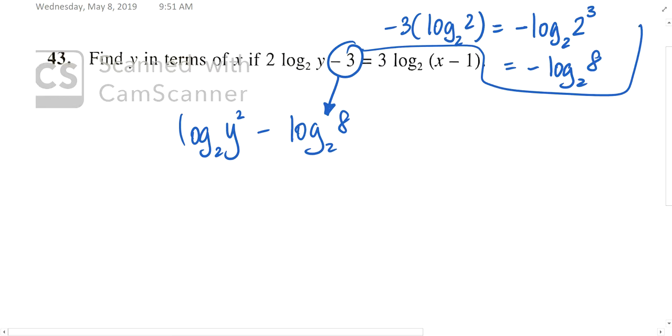Okay, now Fario, please continue. What happens next? Power 3. Okay, then what should we do next? y square over 8.